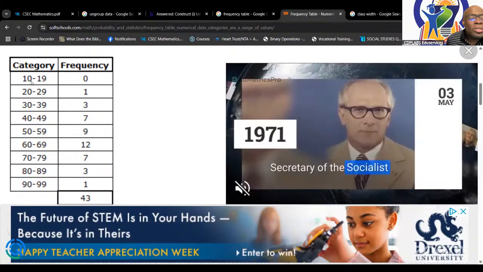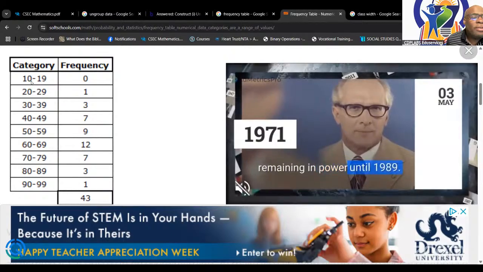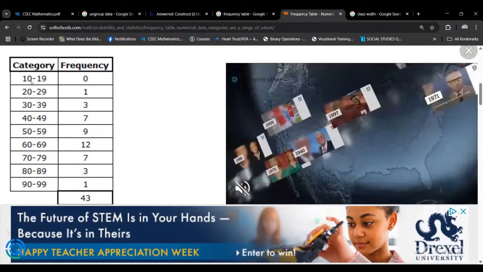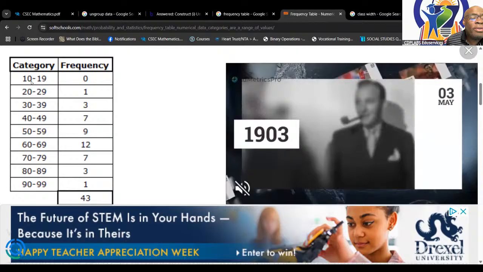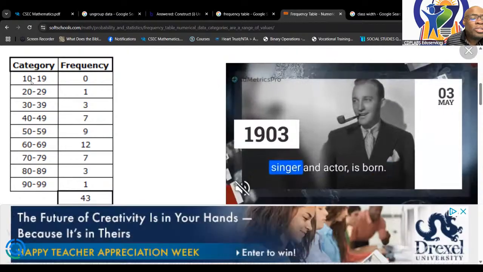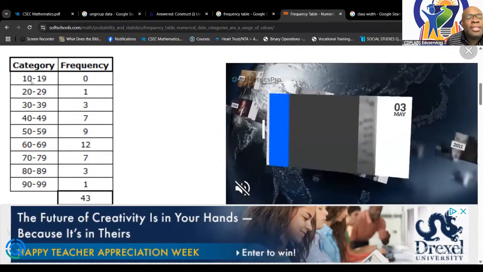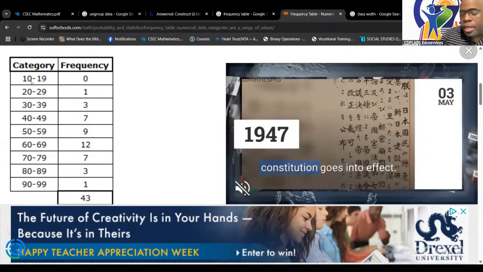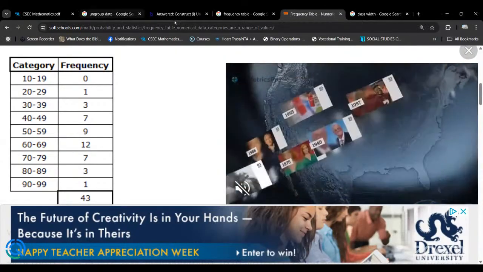So the class width is the difference between both class limits. So you take 10 from 19, that leaves you 9. And it's the same thing for each of them. You take 20 from 29, still 9. So the bottom line, the class width is 9. Good? Got that? All right. Yes, sir, I get it.